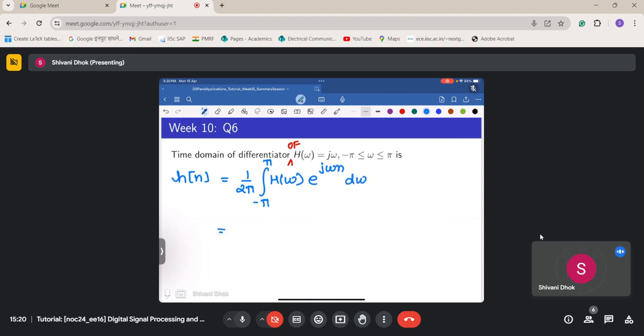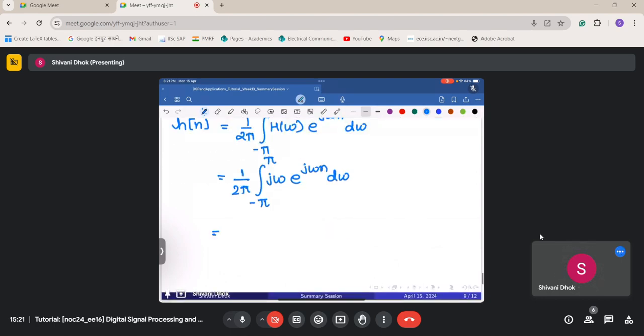This is equal to 1 upon 2 pi integral from minus pi to pi of j omega into e power j omega n d omega. So this is equal to j upon 2 pi integral from minus pi to pi of omega into e power j omega n.